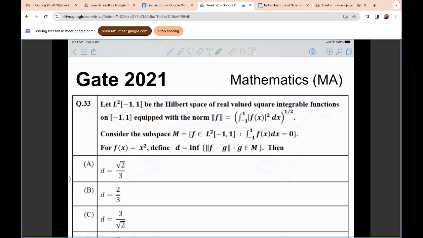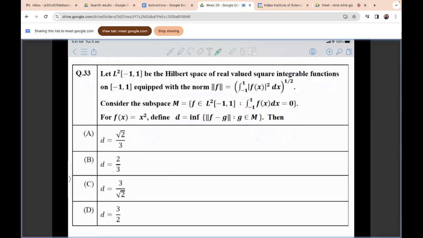Now consider the subspace M, all such functions in L2 from minus 1 to 1 such that the integral of f over this interval is 0. Now f is defined by x square, and you have to find the distance between f and the subspace M. Four options are given, you have to check which one is correct.